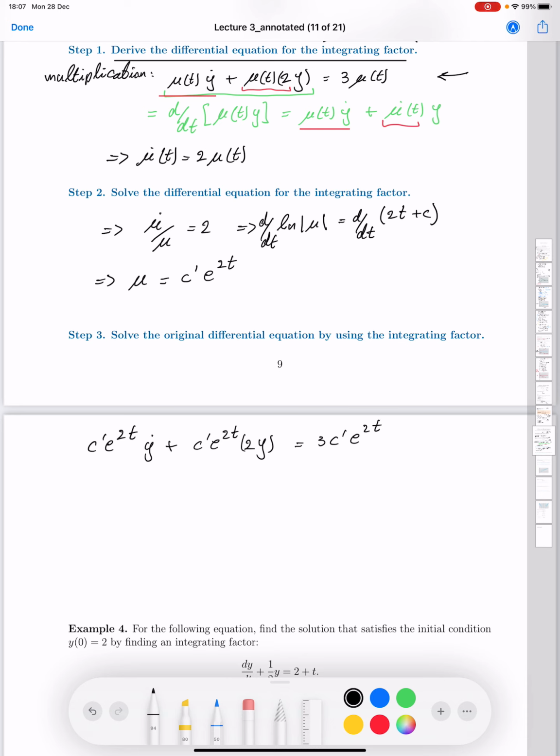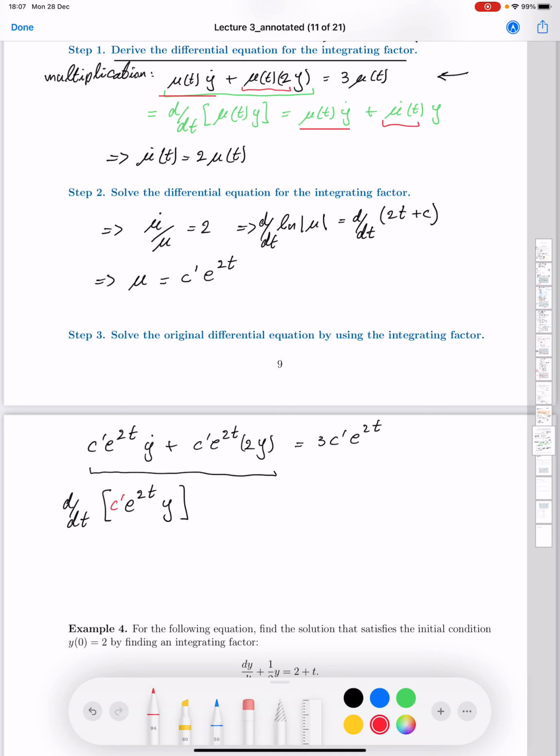Now, you see that this c prime really doesn't play a role here. I can choose it to be anything. And actually, I can even cancel it out. When I'm going to make this equal to d/dt of e to the power of 2 times t times y, hopefully that was what I was hoping for, then you see that having c prime here or not really doesn't matter.